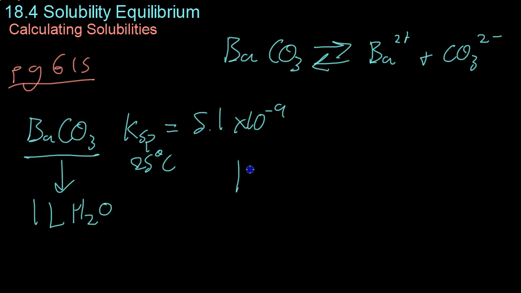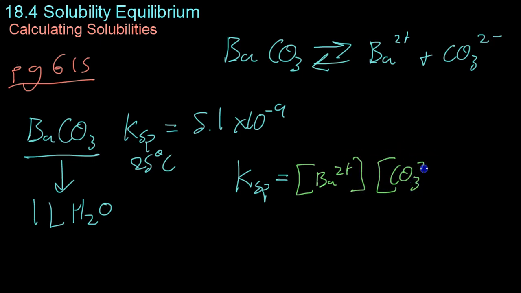From here, we set up our Ksp equation because we have a known Ksp, and we use the concentrations of barium and carbonate, and this is what we're going to use to eventually solve for its solubility. Now we know this all equals the Ksp value of 5.1 times 10 to the negative 9. And because these each enter in a 1-to-1 ratio, these both have the same value.